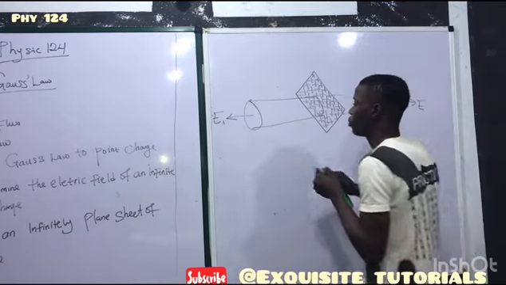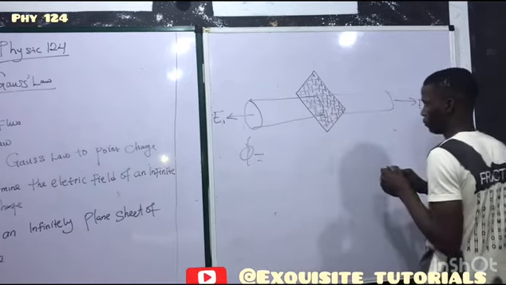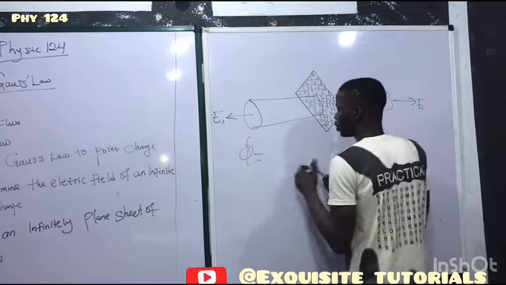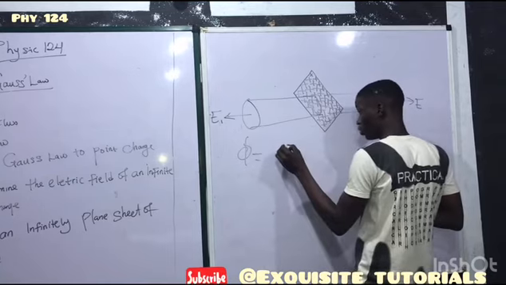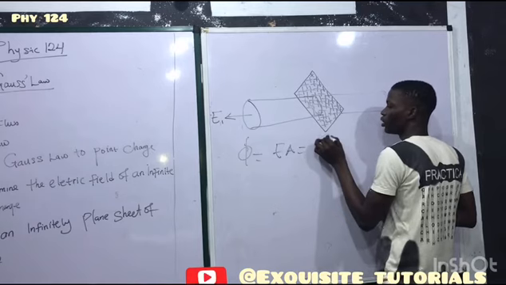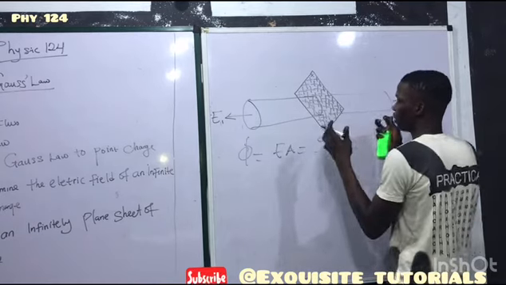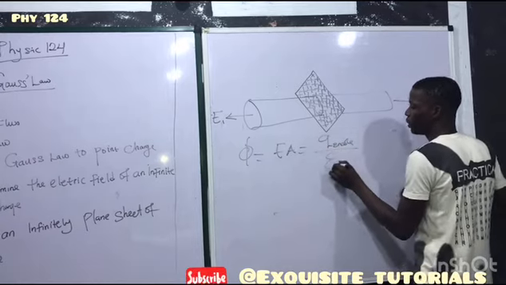So the normal formula for our electric force, our standard Gauss Law formula, is our electric force is equal to EA and is equal to Q enclosed, when the charge is enclosed in an enclosed imaginary surface, divided by the permittivity.